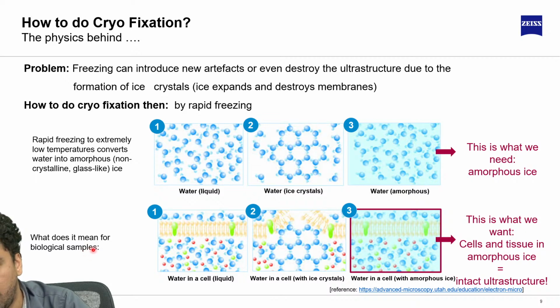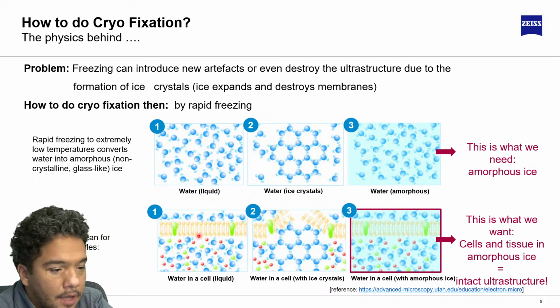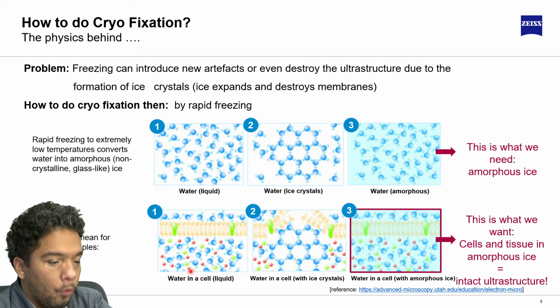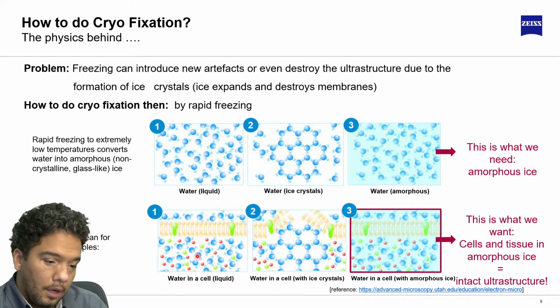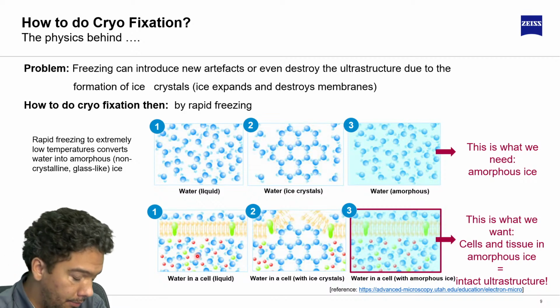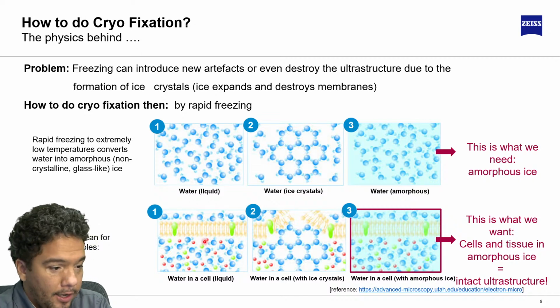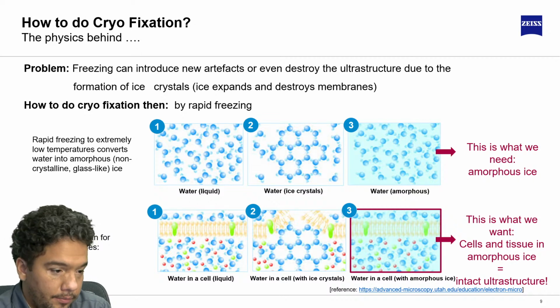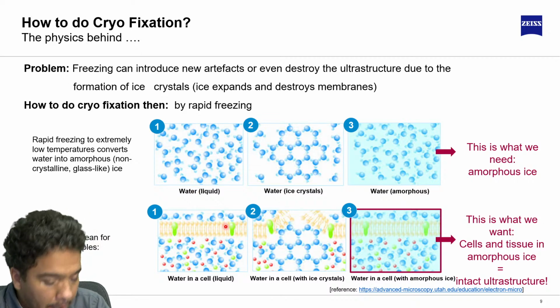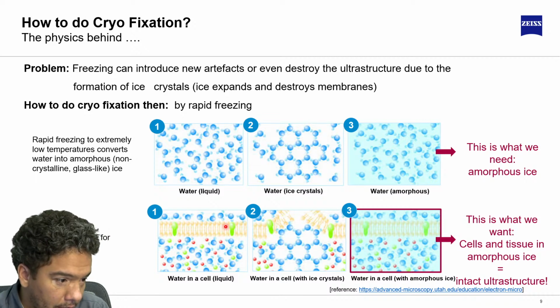What does this mean for biological samples? Okay, in the native state, we have water in salt and liquid. We have all this environment in a very regular way. All the water is filling the membranes and all the ultrastructure, all the organelles inside the cells.